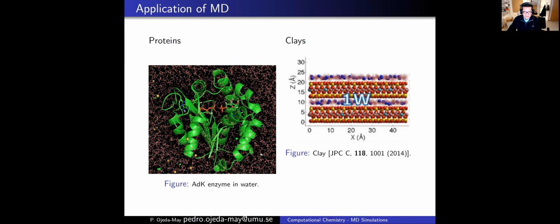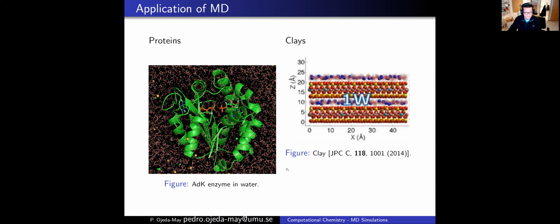This is very standard, but now there are other systems where people are applying molecular dynamics as well. For instance, this is a clay system. And one expert here in Umeå working on clays and molecular dynamics is Mikael Holmboe, who works in the chemistry department.